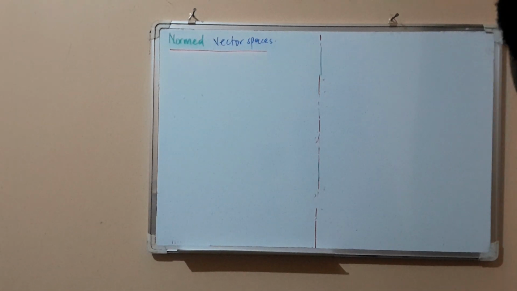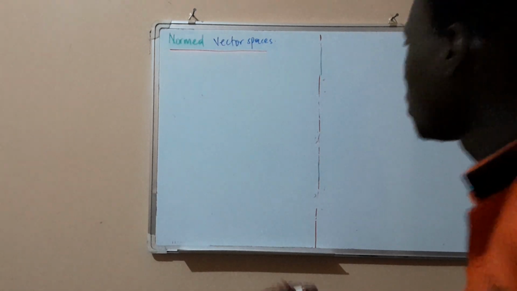So, a normed vector space is a vector space over a field.